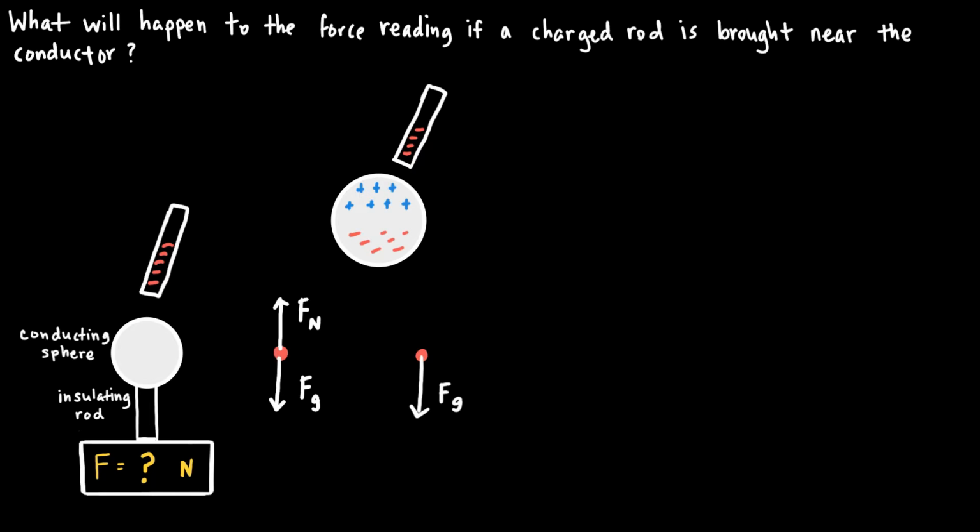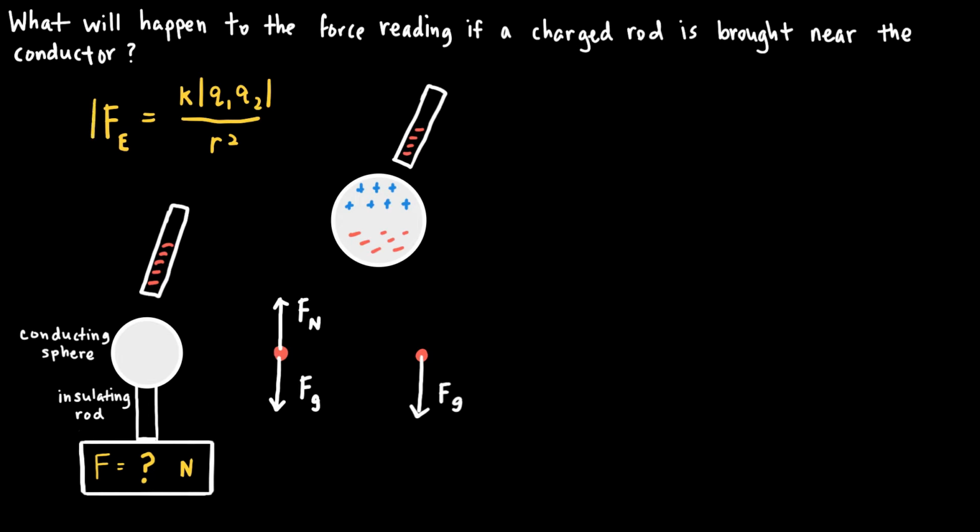I hope you've already been introduced to Coulomb's law. Coulomb's law says that for 2 point charges, the electric force between those 2 point charges is given by F = k Q1 Q2 over r squared, where k is Coulomb's constant, Q1 and Q2 are the magnitudes of the 2 charges that you're considering, and r is the distance between those 2 point charges.